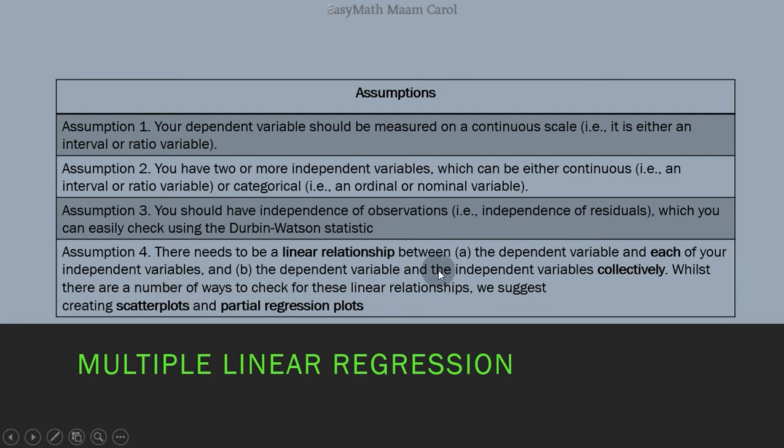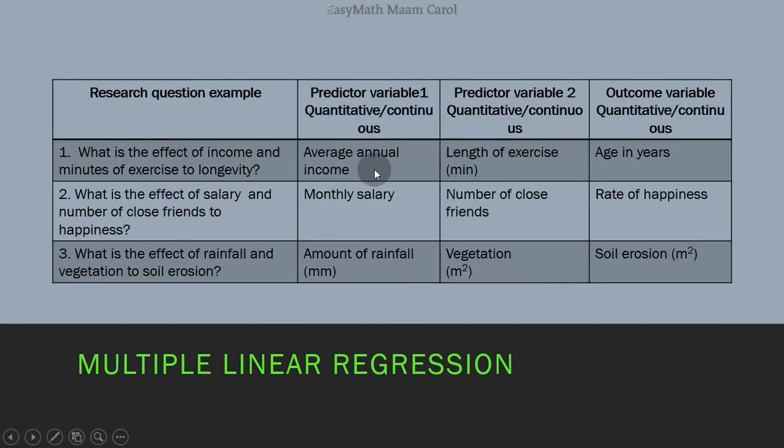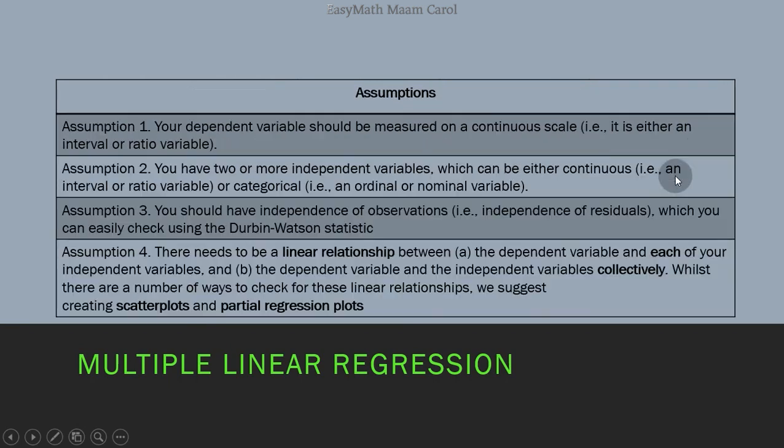In other words, you have to check a linear relationship between predictor 1 and the outcome, and then you have to test it again for predictor 2 and the outcome. So each of them should have a linear relationship with the outcome variable. Otherwise, there's no need for you to do a multiple linear regression because assumption 4 is already not complied with.